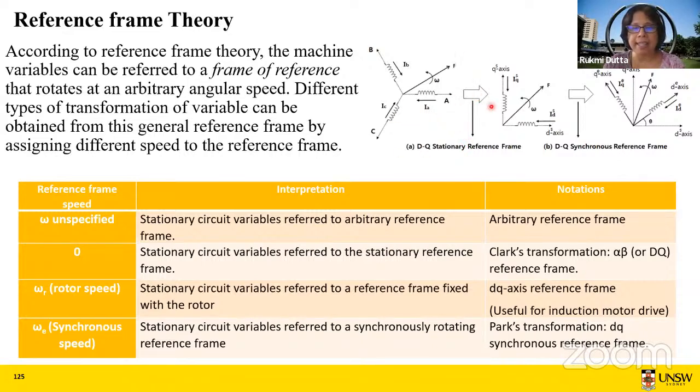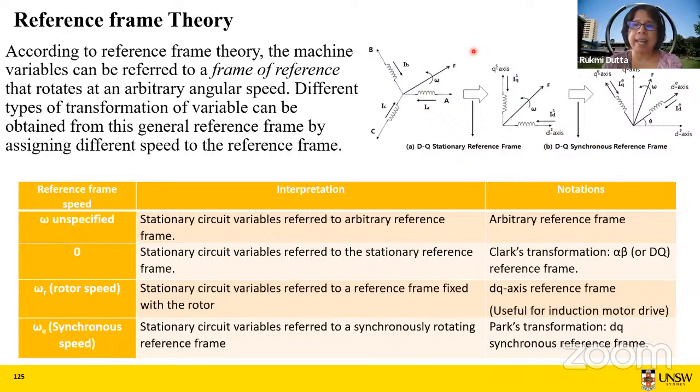If we apply this transformation, they will become two-phase D and Q, and again we need to remember that these two phases are only happening mathematically, not physically. You are not transforming anything physically. You are only transforming the quantities mathematically.